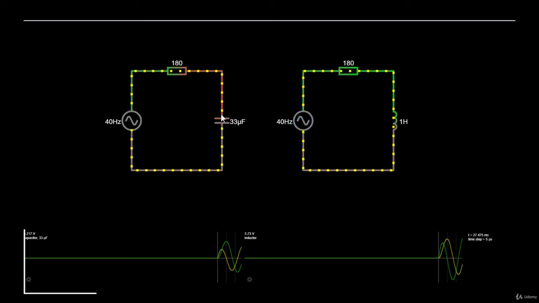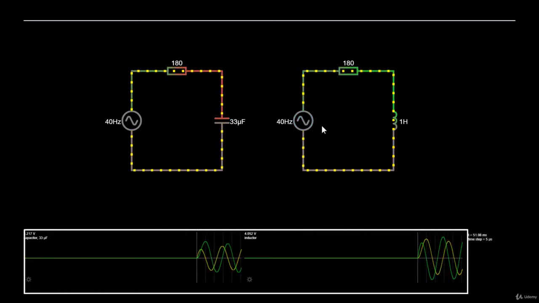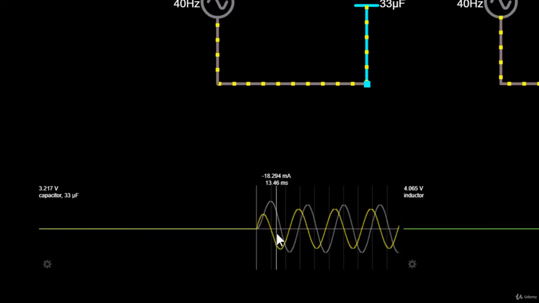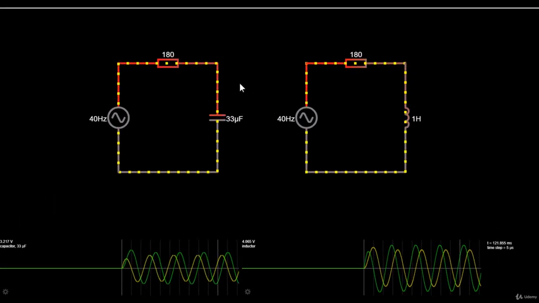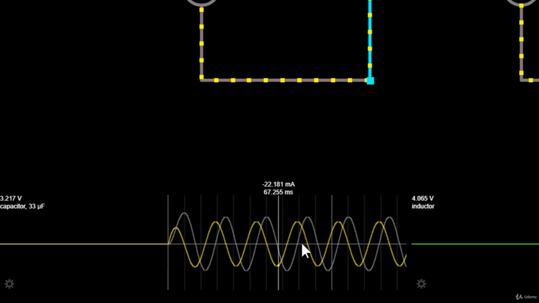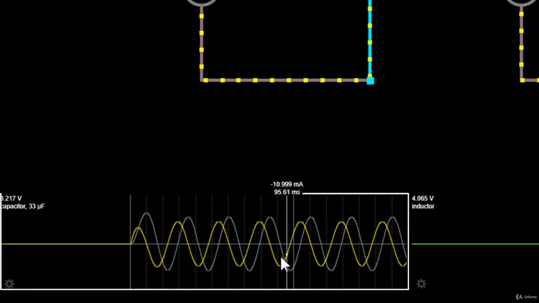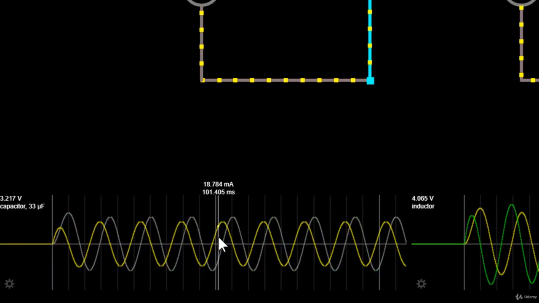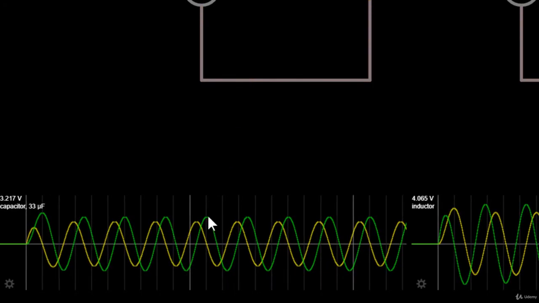So these circuits show the response of a capacitor and an inductor when driven by alternating current. Current, which is yellow, and voltage, which is green, across the capacitor are shown in this scope. And note that current leads voltage when current peaks. The capacitor is just starting to be charged and voltage is 0.